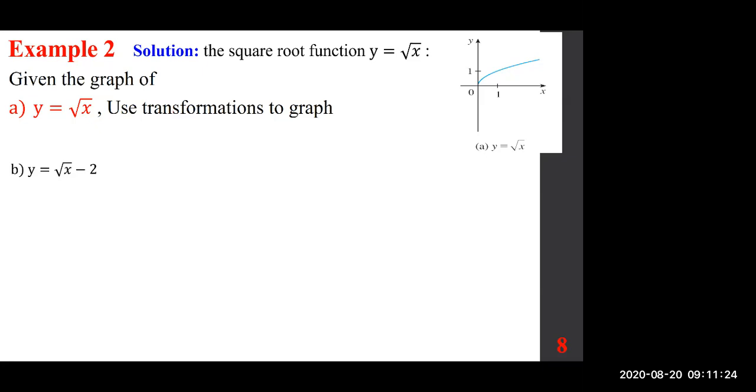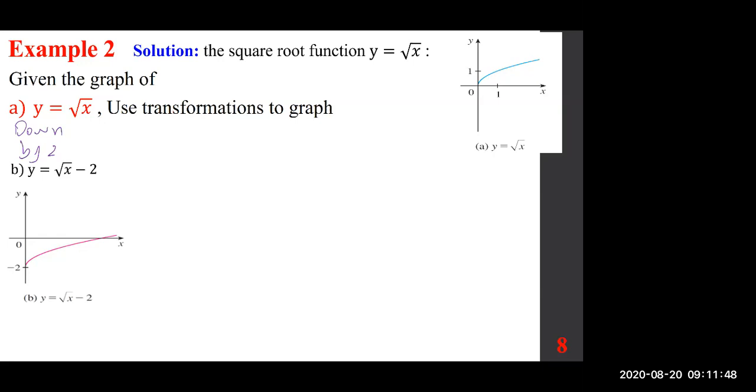So shift down by 2 units, okay? So it will look like this. As a result, 0, 0 changes to 0, negative 2.